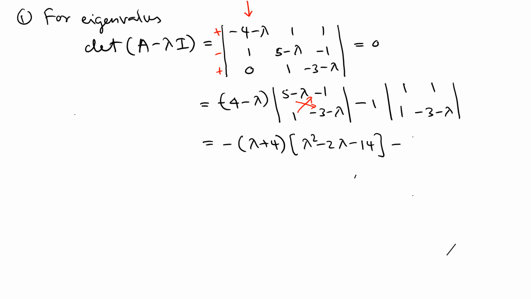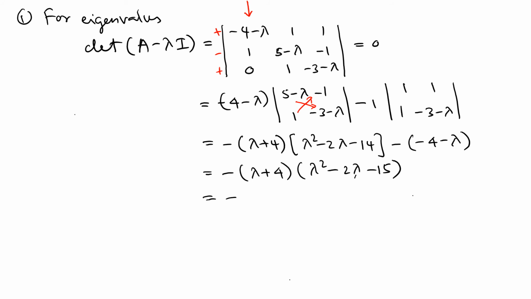That means it's going to be negative 4 minus lambda. Now you can see lambda plus 4 is common, so you can take it out. If you take out lambda plus 4, you're going to get lambda squared minus 2 lambda minus 15. This is very easy to factor.